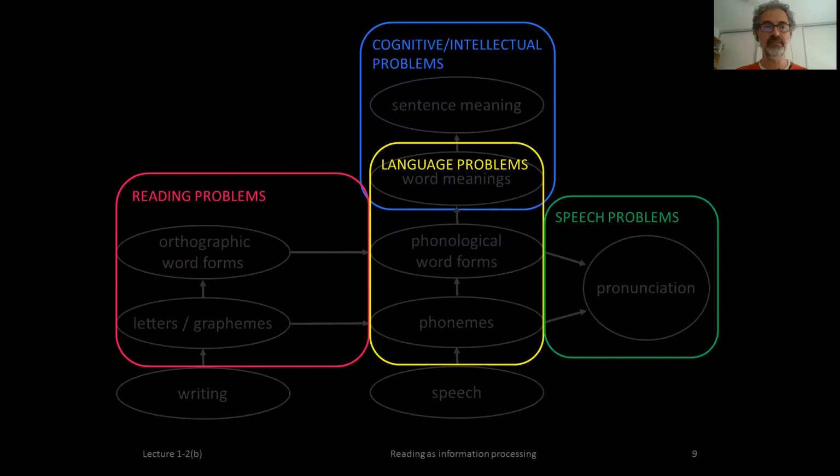So difficulties going to either of these representations or from these representations are what are properly termed reading problems. So if you're thinking about these representations and operations, then you can begin to separate different kinds of problems and how you can plan an assessment in order to identify where the root of any problems are, or if there are multiple problems, and therefore to be able to justify an intervention approach for them.